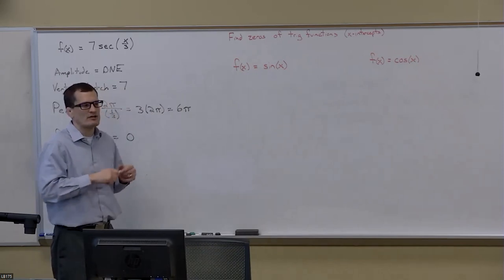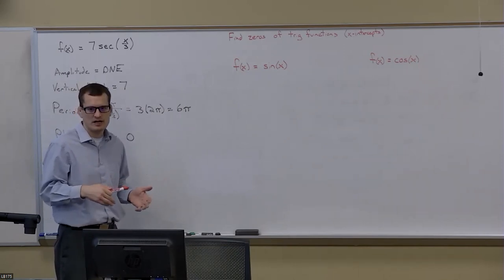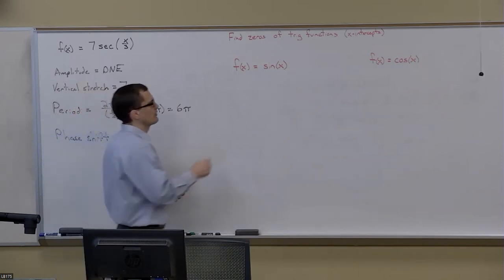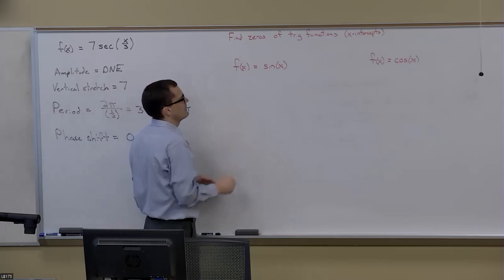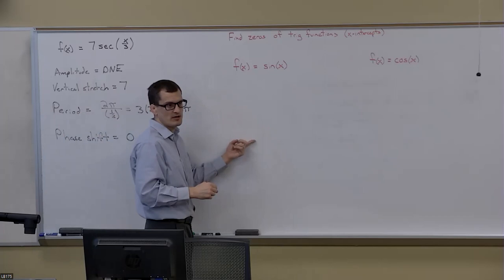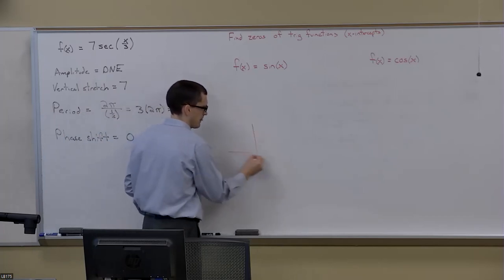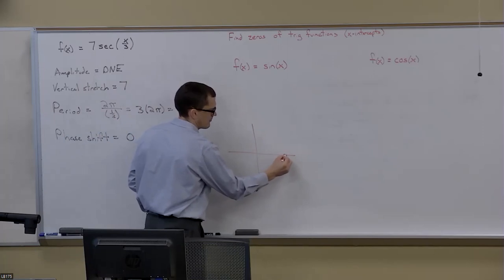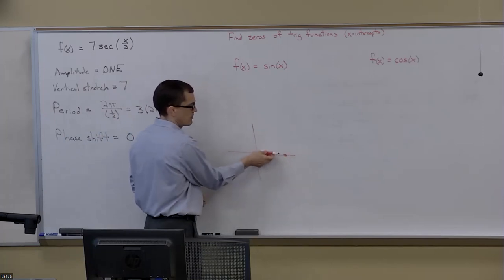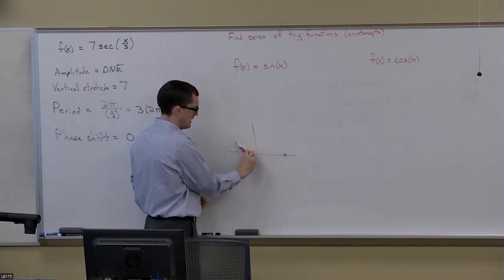Think about going around the unit circle, or think about the graph. It doesn't matter how you think about it. As you go around the unit circle, when do the y values on the unit circle hit 0? Well, at 1. When the y value is 0 here and here.